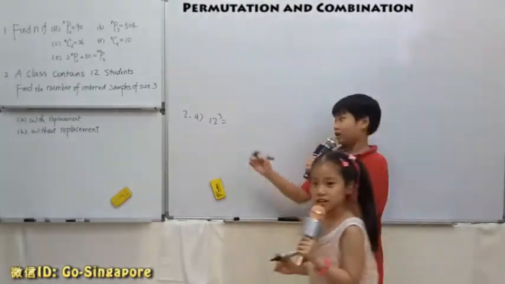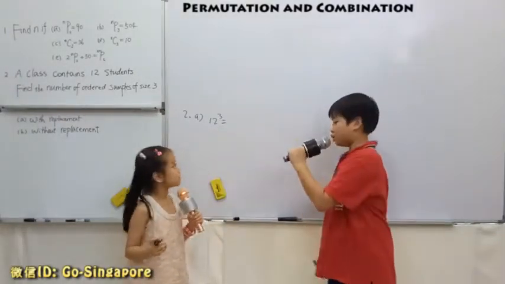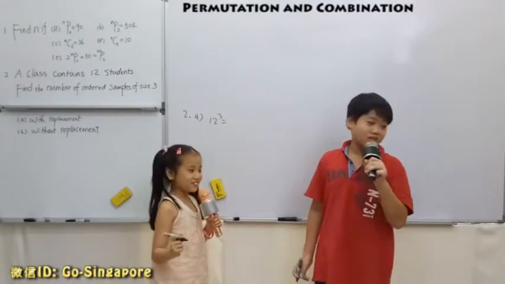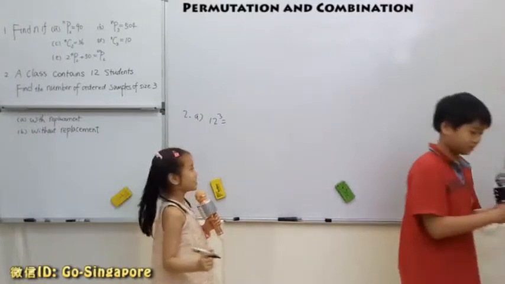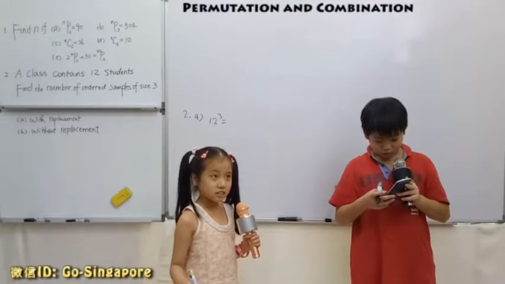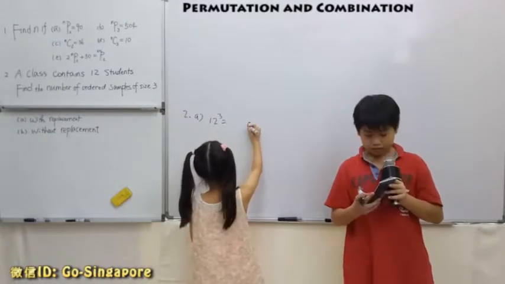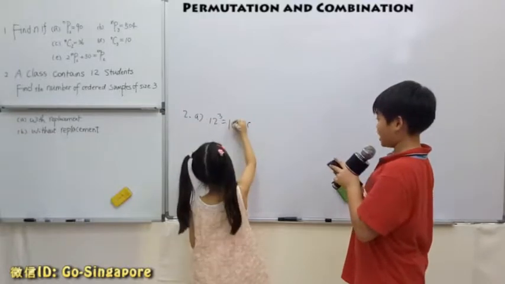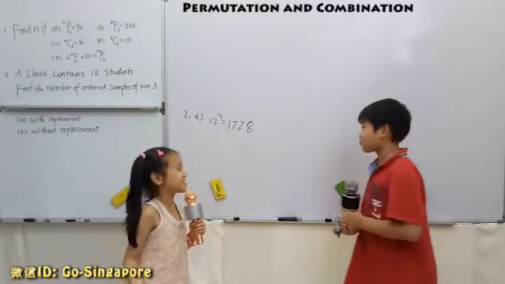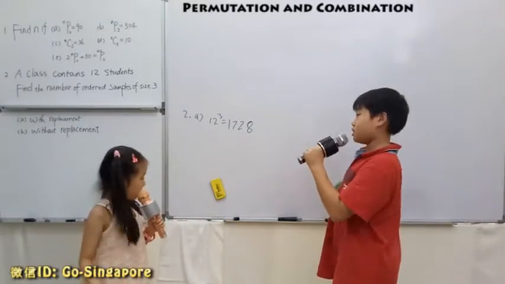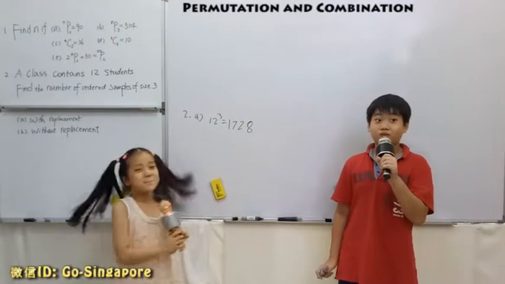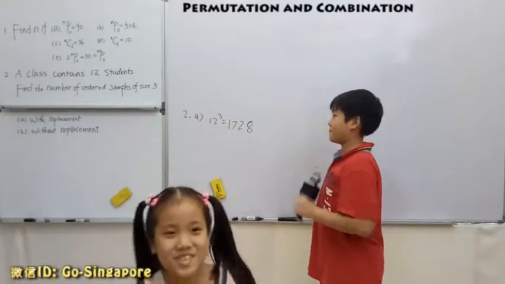So that means it is 12 cubed, which is 1728. So 1728 choices, correct? Yes.